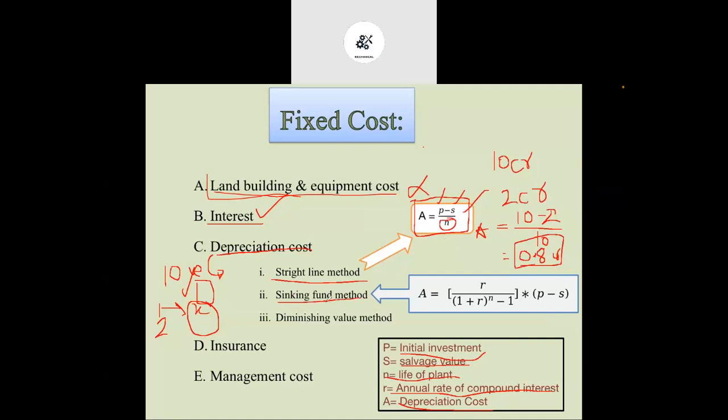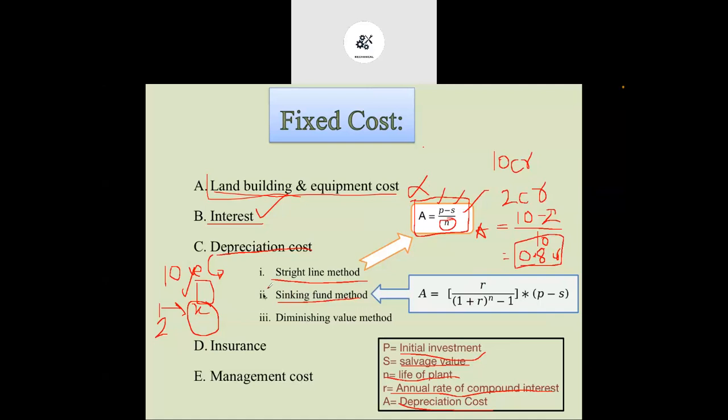The other method we can use is the sinking fund method. The difference between the straight line and sinking fund is that in the sinking fund method we are considering the reduction of profit with respect to the life of the power plant. So based upon that, we can reduce the amount of savings with respect to year.